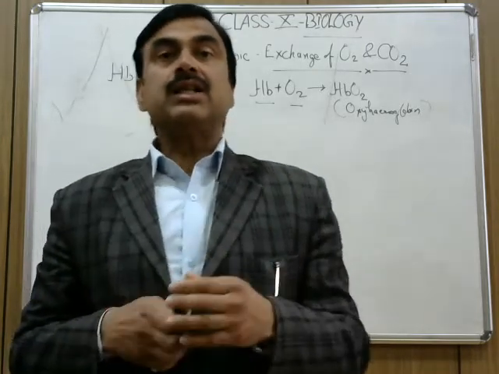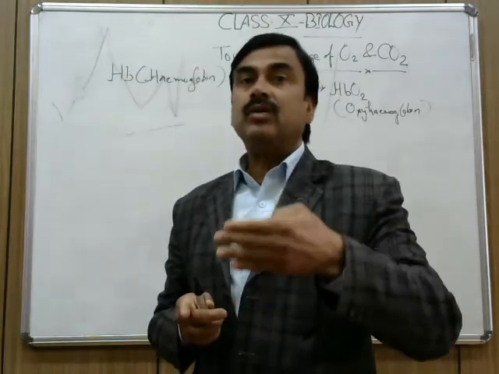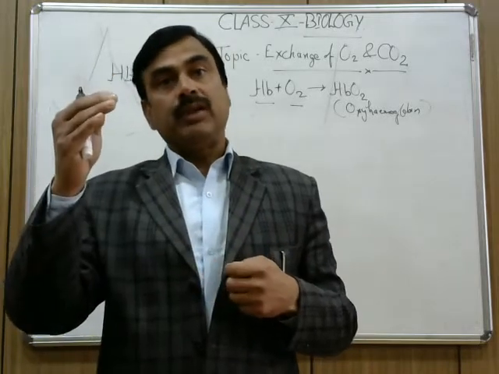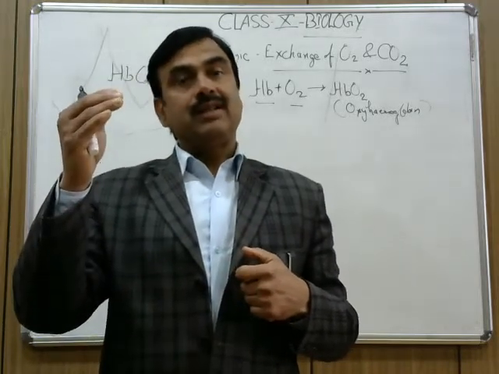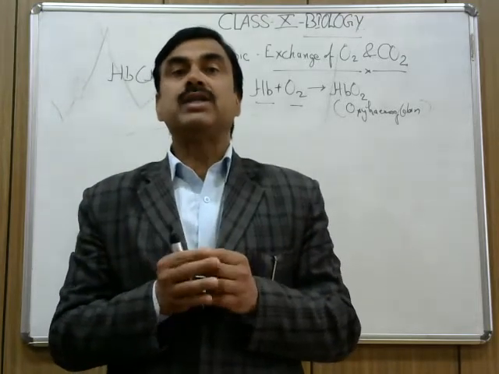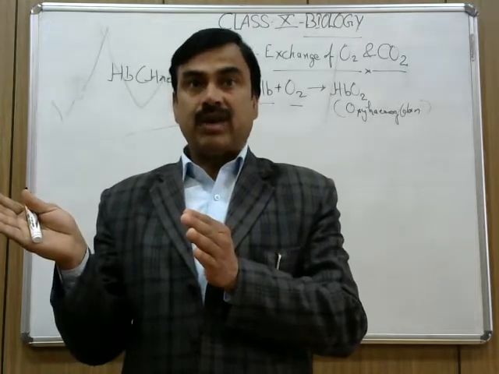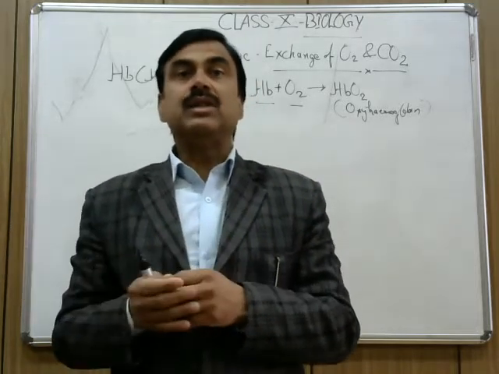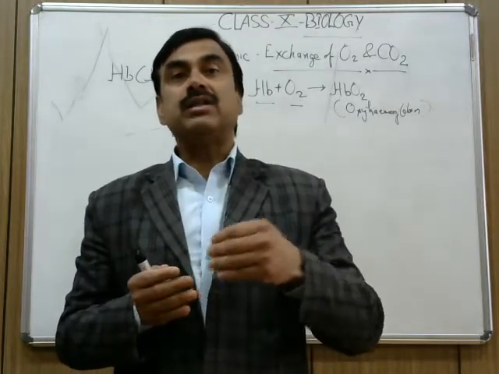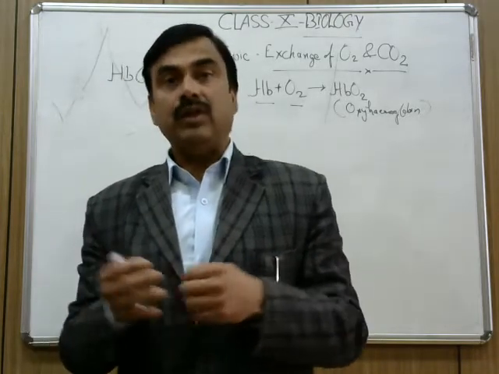In my last lecture, I told you how the track of human respiration starts from the pharynx, then larynx, then trachea, and then two bronchus, minute branches, secondary bronchus, then bronchioles, and through the alveolar duct, reaching the last unit of respiration, that is alveoli.